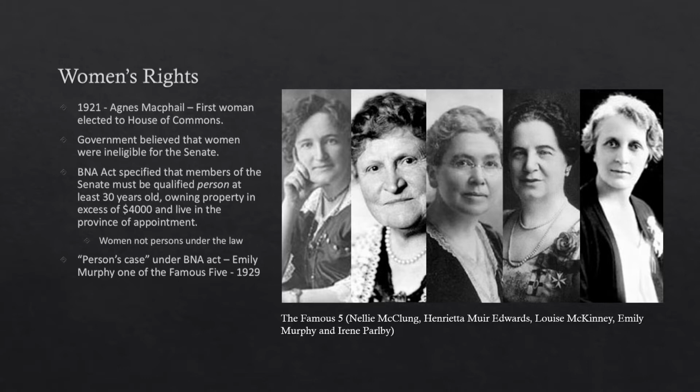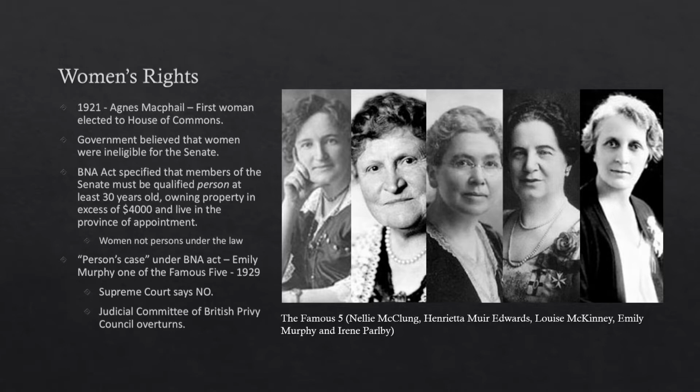Well, the Supreme Court of Canada said no, that women were not people under the law. Now, at this point in time, the Supreme Court of Canada was not actually the highest court of the land. Because Canada wasn't completely independent in all regards, there was a further court of appeal, and that would be to appeal all the way to the British Privy Council in London.